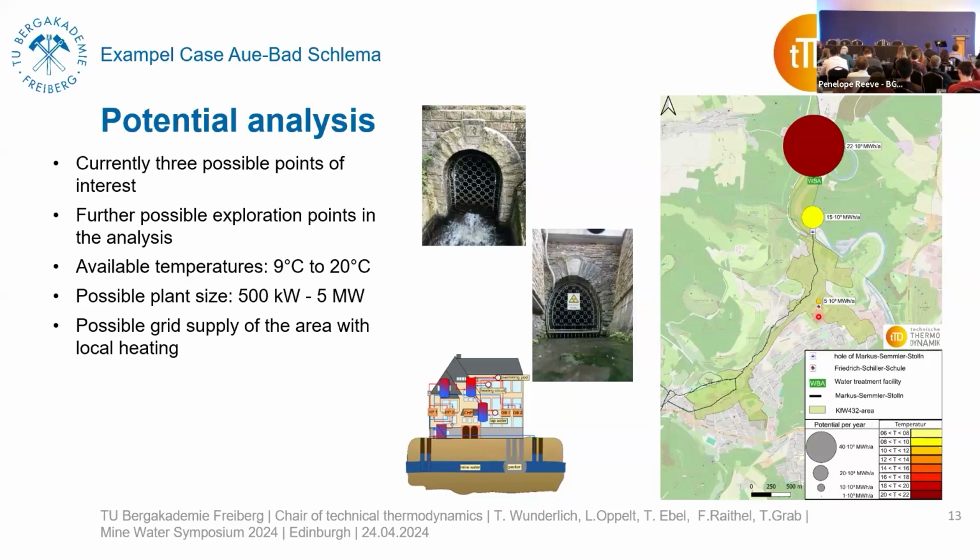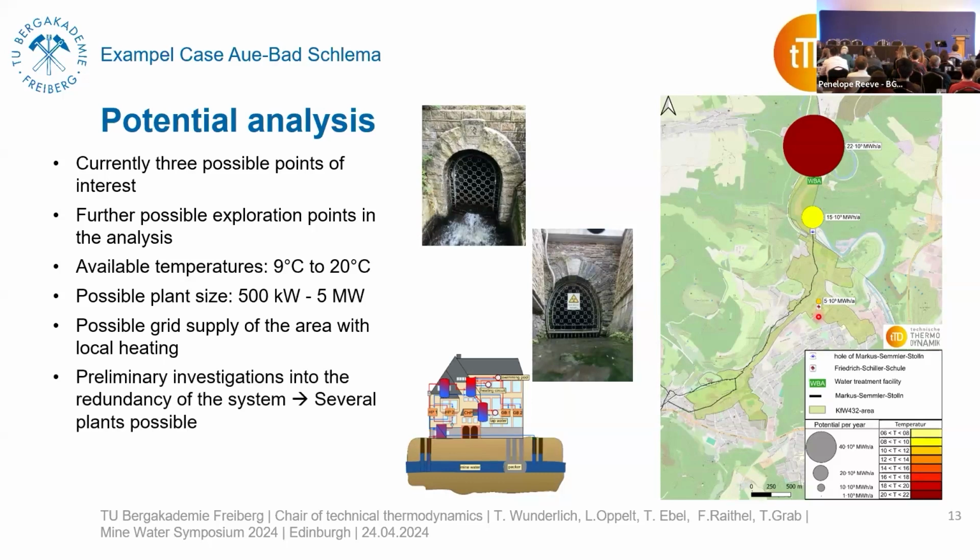Now the next step is to get a grid into the district and work out how we can deal with a grid, because in 2029 there should be a power plant somewhere there. Now it's time to investigate everything, and maybe to investigate several different locations, because several power plants can back up another power plant.